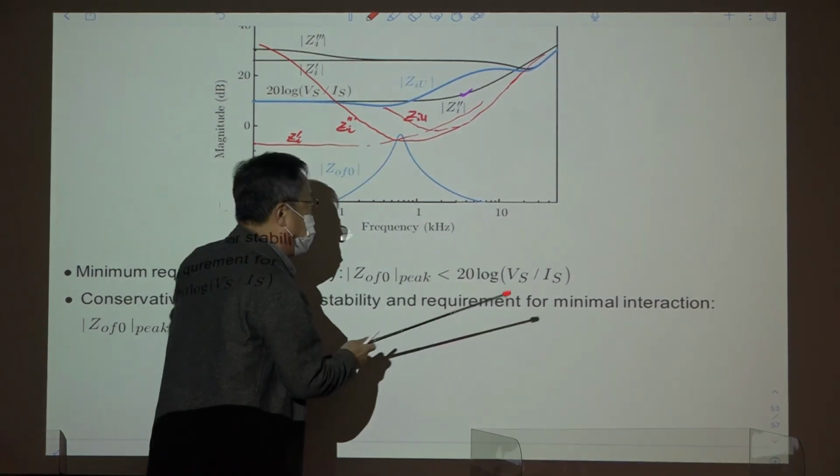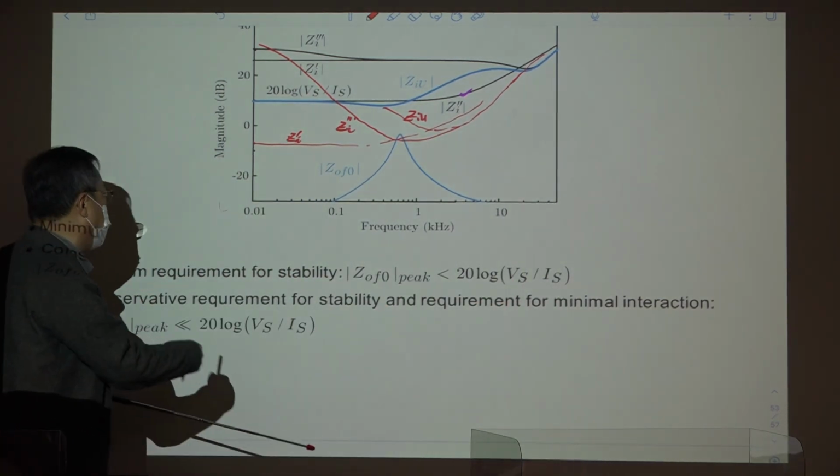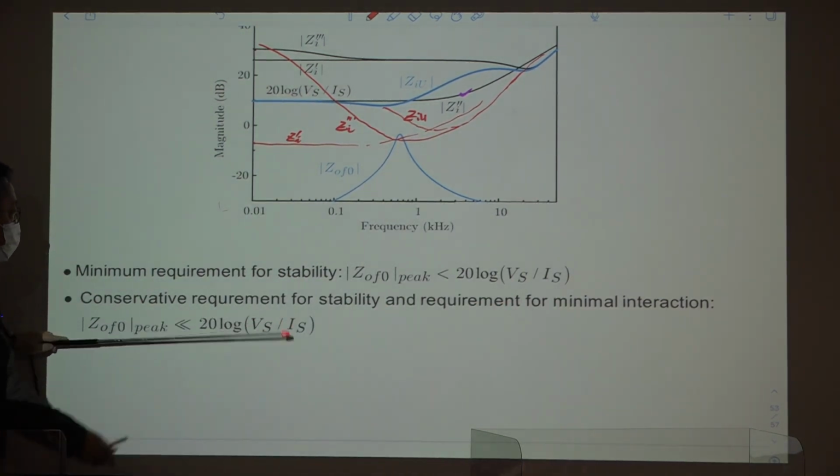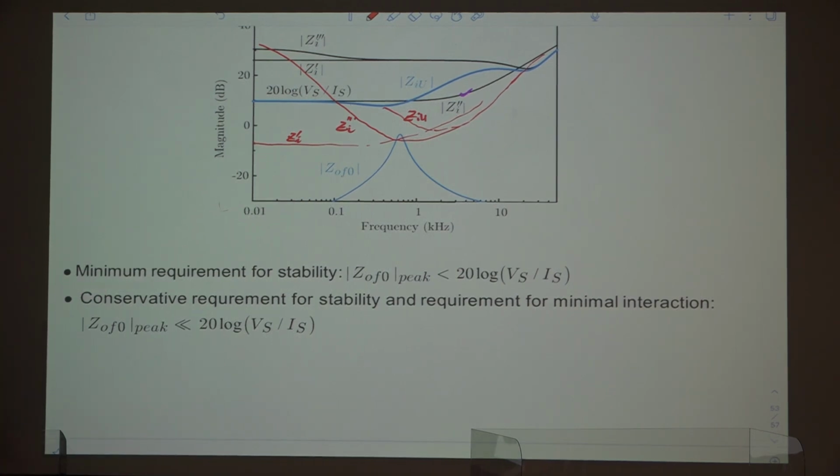So by just satisfying this, all of the conditions of minimal input-filter interaction will be satisfied. Okay? So this is a good thing for the current mode control. Actually, this is one of the advantages of current mode control, in terms of the sensitivity of its performance against the interaction coming from the front, the input-filter interaction.